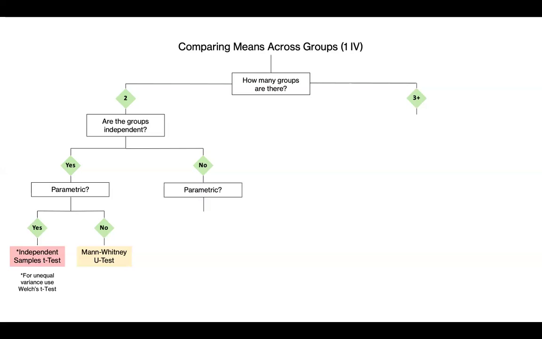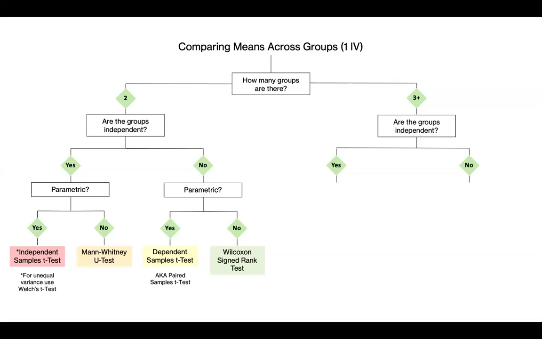Again, if it's parametric, the option would be the dependent samples t-test. It's also commonly referred to as the paired samples t-test or even the related samples t-test. And then our non-parametric option is we can do a Wilcoxon signed rank test. If you have three or more groups, you ask yourself the same questions. Are the groups independent?